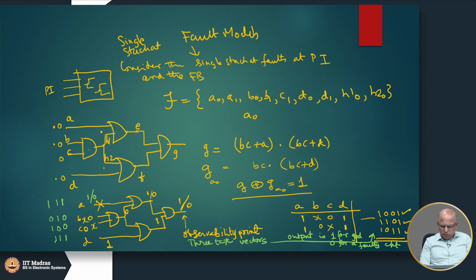The actual reason could be that G is stuck at 0, okay, or it could also be because this guy is stuck at 0, F could be stuck at 0. So, there could be more than one reason why the output G becomes 0. One of them is A is stuck at 0. That clear?